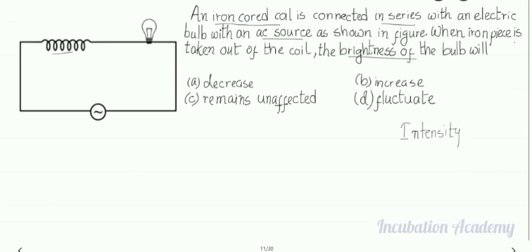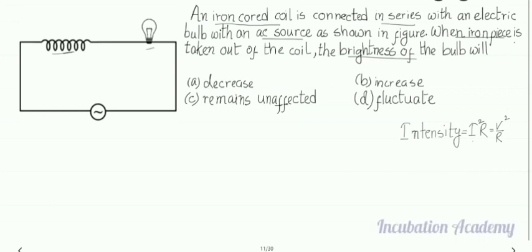The power consumed by the bulb is given by the formula I square R, which is also equal to V square divided by R. So we have to check how the current will change when the iron piece is taken out and the inductance of the coil is changed, because this iron core coil and this bulb are both connected in series.